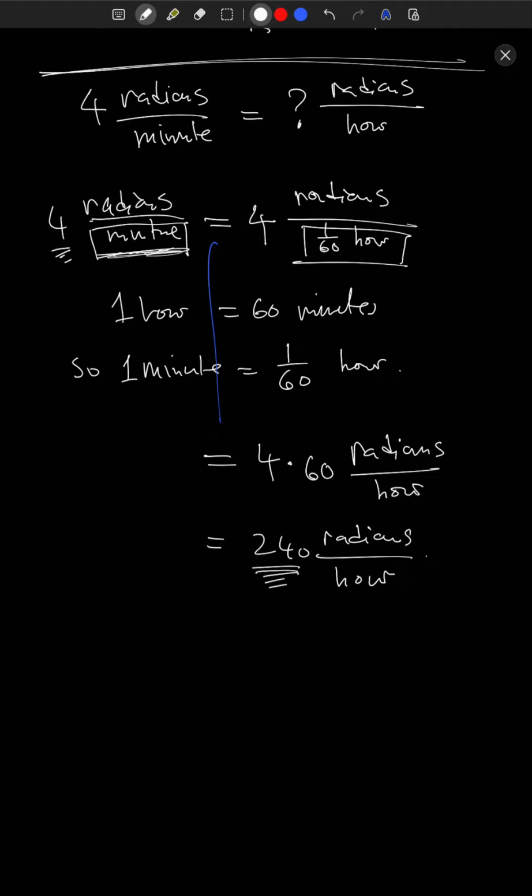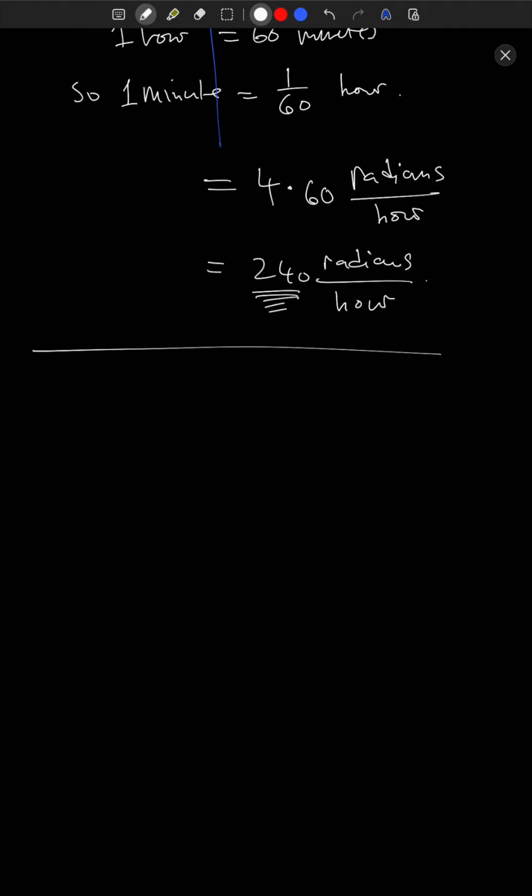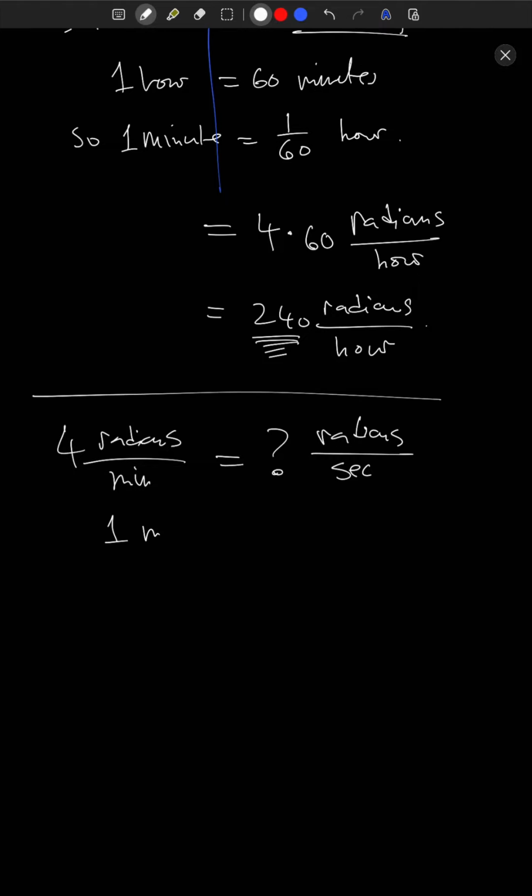All right, on the other hand, if we wanted to convert this same thing, 4 radians per minute into radians per second, right? Then, well, we need to convert minutes to seconds. We know there's 60 seconds in a minute, right? So 1 minute equals 60 seconds.